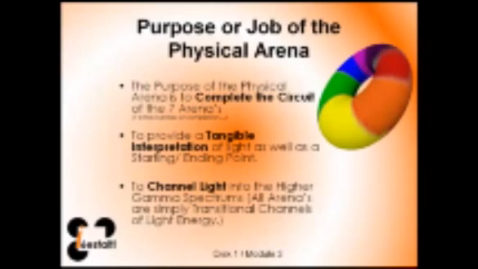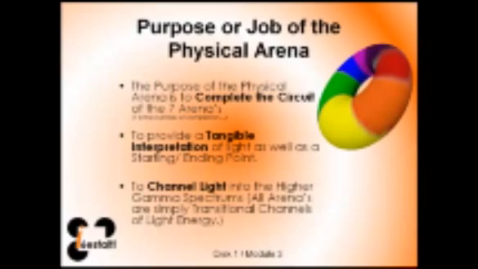Now, when you take a look at electromagnetic radiation on a spectrum from gamma rays to ultraviolet rays, you'll see that the physical colors, the colors that we see, are pretty much smack dab in the middle, almost.